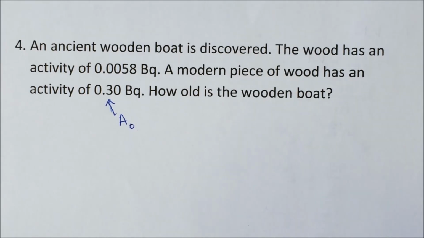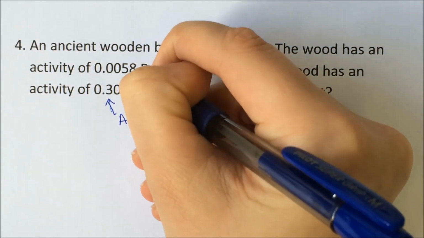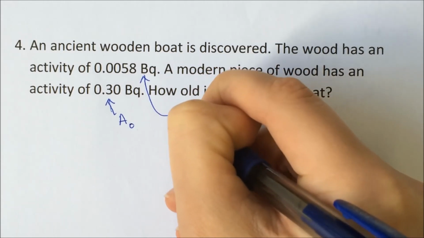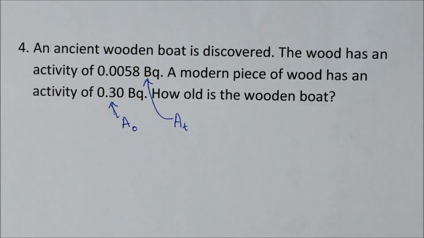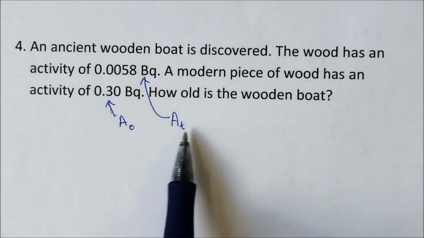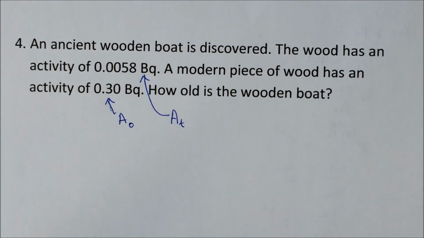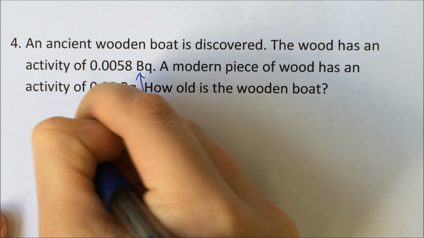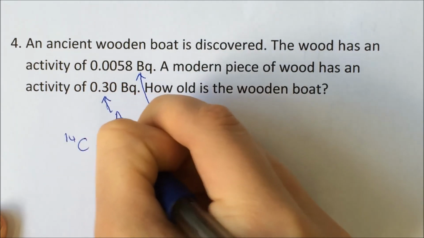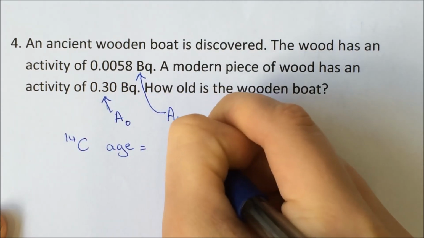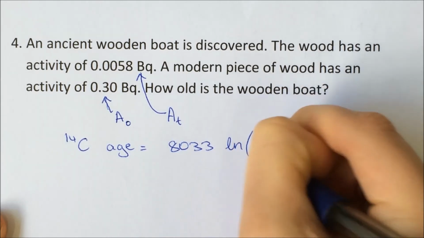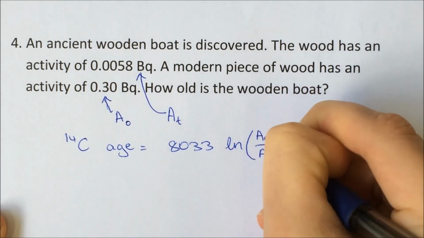The activity of the ancient sample will be our AT, because this is after the sample has decayed over a period of time. And again, remember, as for the other equation, AT should always be smaller than A0, and that's a good way to check that you've calculated the correct way around. So we can now copy out our equation, the carbon-14 age, which is given by this constant times the natural log of A0 over AT.